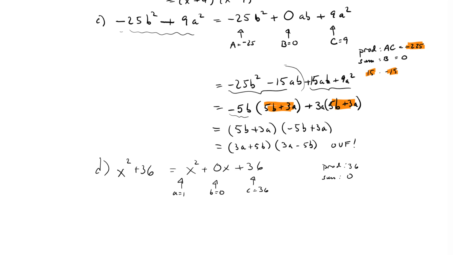So if the sum is 0, it means one's positive, one's negative. But on the other hand, if one's positive and one's negative, the product is not going to be something that's positive, right? So if I've got a product that's positive, I cannot have two numbers that will add up to 0, because that would mean one's positive, one's negative, in which case I'd have a negative product.